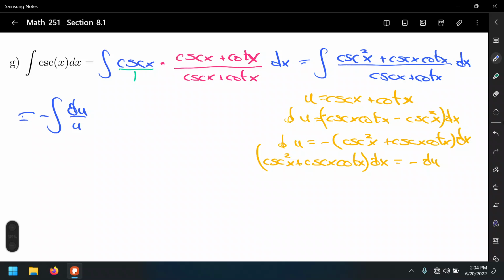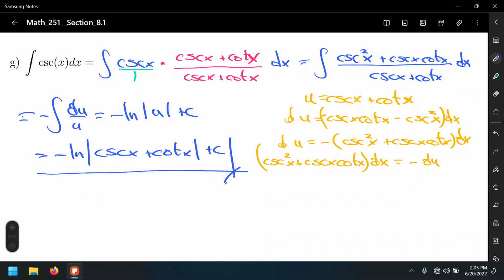Either way, that's fine. So that's negative ln of u plus c. And if we back substitute for u, that's negative ln of cosecant x plus cotangent x plus c. And that's one of the forms that you learn in Calc 1 in order to integrate the cosecant function.